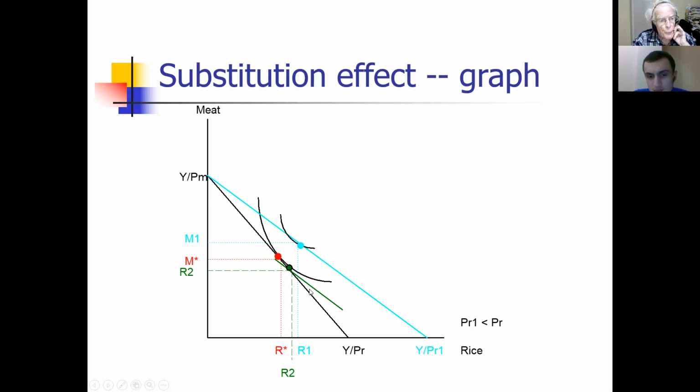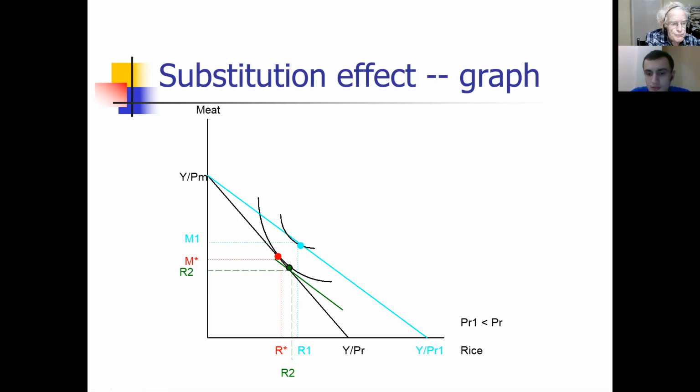So in moving from the green budget constraint to the blue one, we have an increase in income, holding prices at the new level constant. So the income effect is that we increase our consumption of rice from R2 to R1.